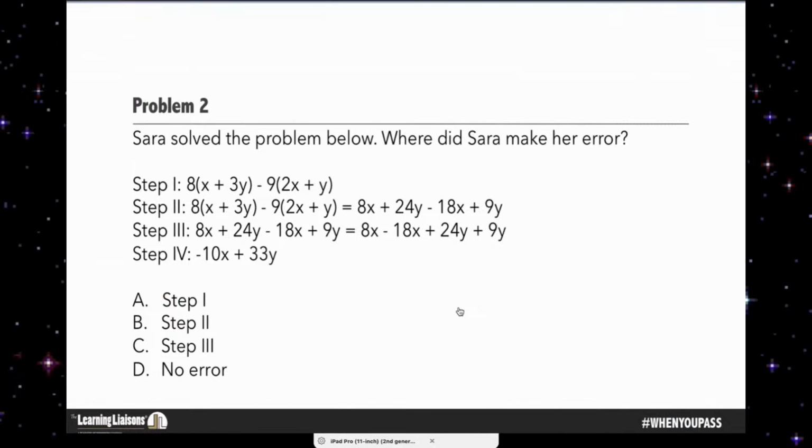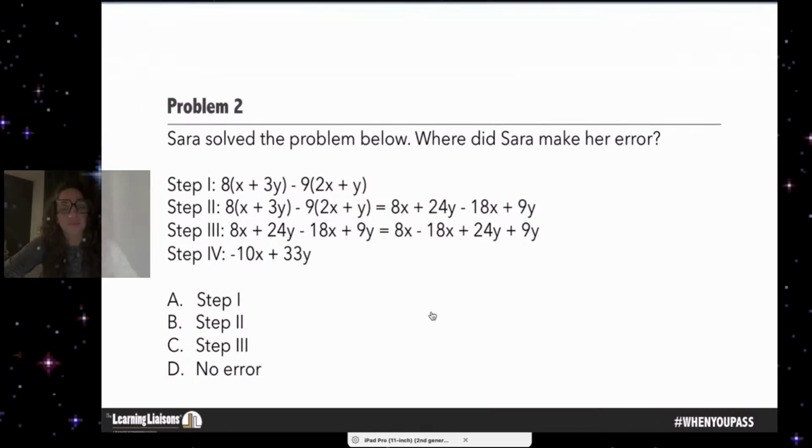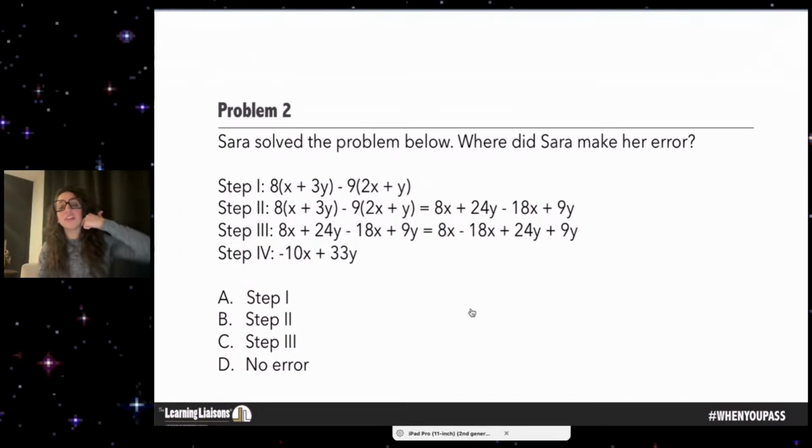Sarah solved this problem below. Where did Sarah make her error? Step 1, step 2, step 3, step 4, Sarah didn't make an error. All right. So this is definitely for my K-6 elementary people, pre-K through 3.